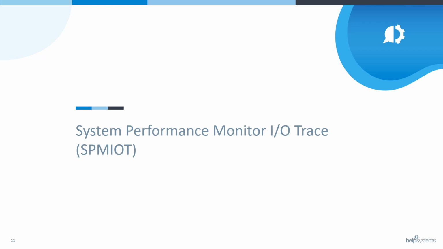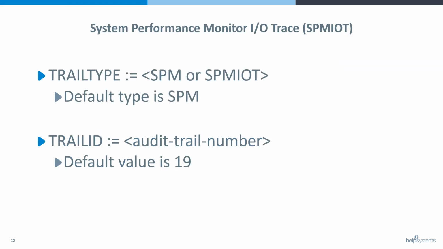PAR 11R1 supports the System Performance Monitor IOTrace SPM IoT audit trail that is part of Release 20.0. PAR introduces 2 new parameters. You can set trail type to SPM for System Performance Monitor or SPM IoT for System Performance Monitor IOTrace.